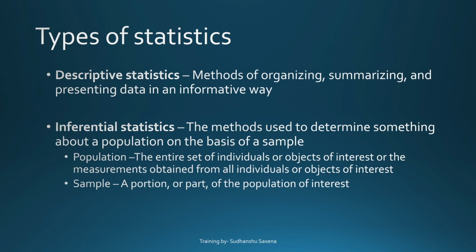The population is the entire set of individuals or objects of interest, or the measurement obtained from all individuals or objects of interest, which means that if I want to study a particular pattern, I would like to involve the complete data. I would like to study the whole data. For example, what is the market share of Mercedes in India? What is the market share of Ferrari in India?